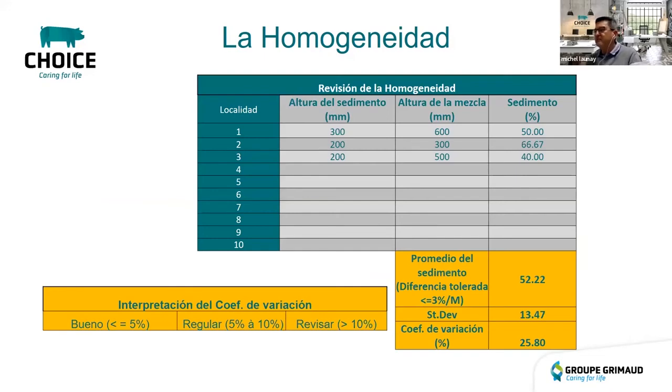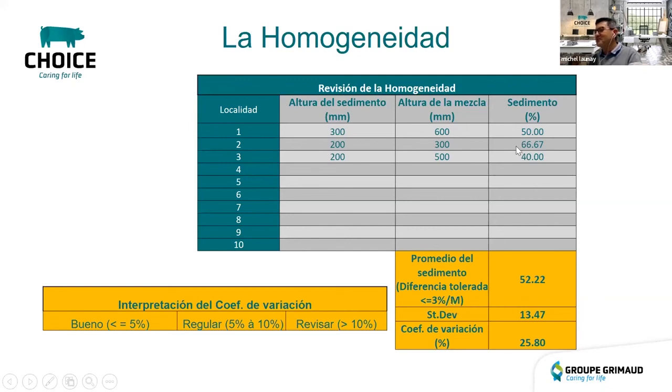After I've done the measurement, I have a table to calculate the percentage of sediment. But I take into account not only the percentage, but also the average of the percentage. For example, here the example given has an average of 50.2, and usually we take into account that there is no more than 3% of difference from the average.